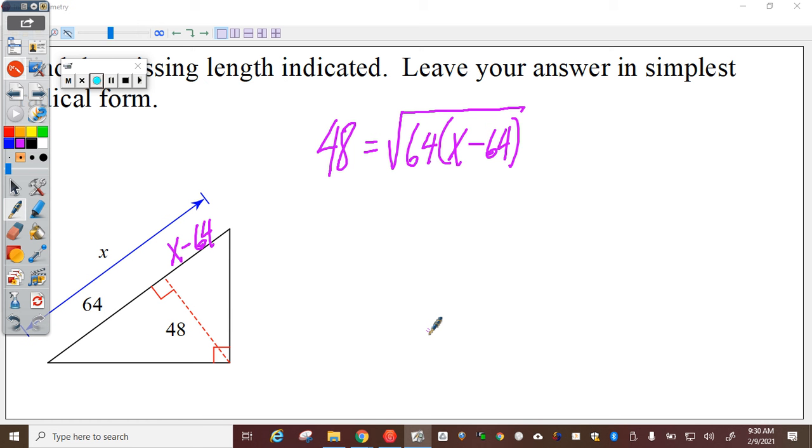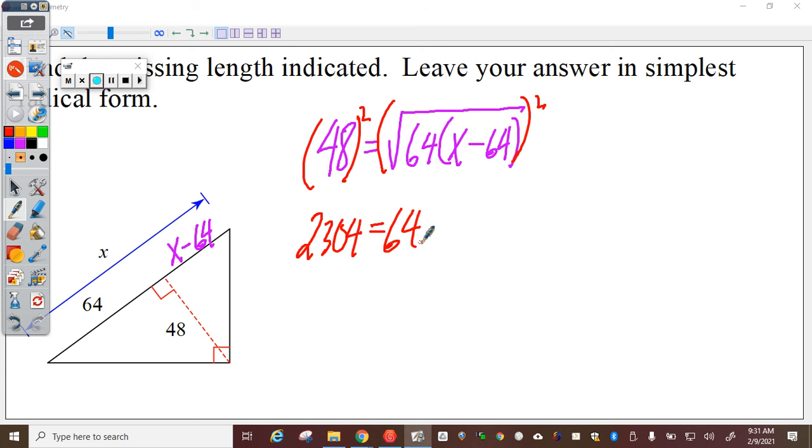Now, in this case, when I square both sides to get rid of this square root, we're left with 2,304 equals 64 times x minus 64.